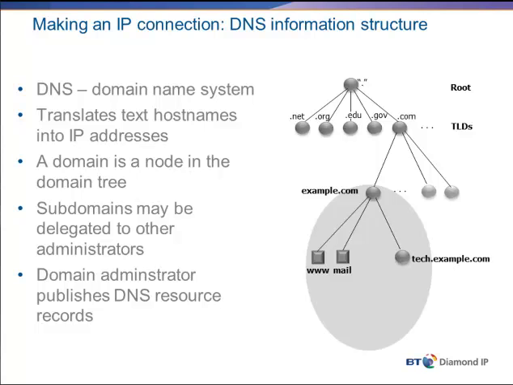But I can also define my own subdomains, so tech.example.com, just to organize my namespace a little better. If there's an internet query for something at tech.example.com, the com server is just going to say, okay, you have everything in example.com, so you figure it out.